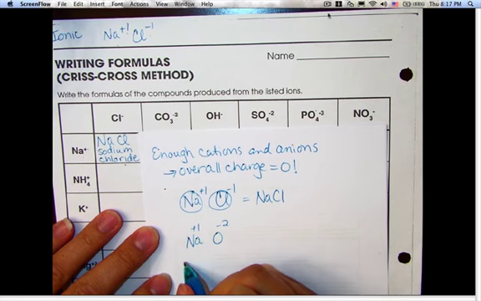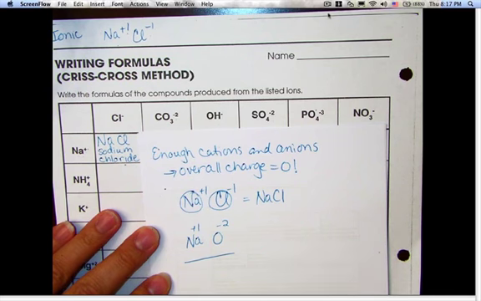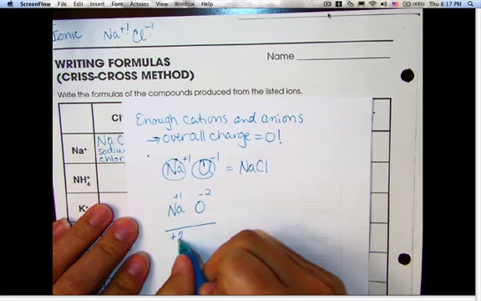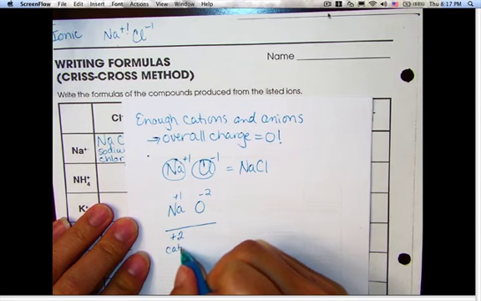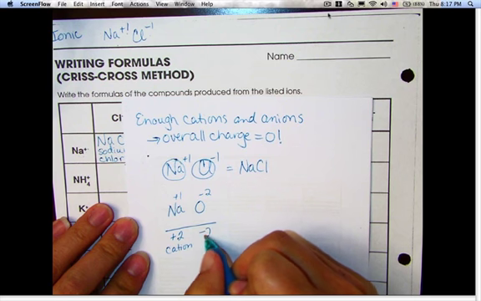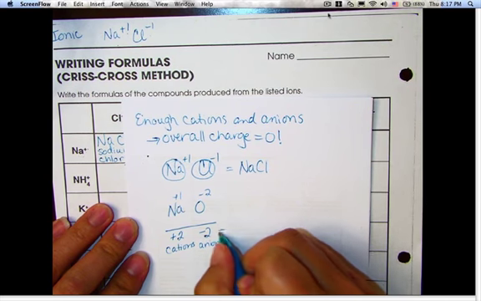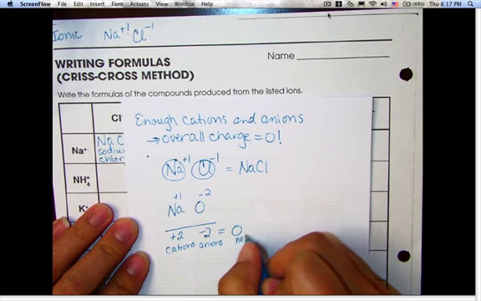Or you can ask yourself, okay, what's the least common multiple between 1 and 2? Well, that's 2. So I'm going to have a +2 from all the cation charges and a -2 from all the anion charges. All my cations are +2 and all the anions are -2. And it has to equal 0 overall net charge.